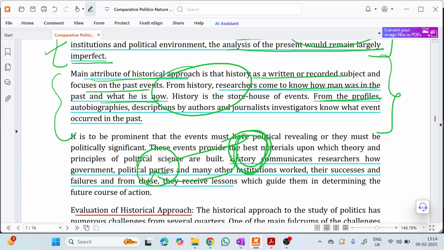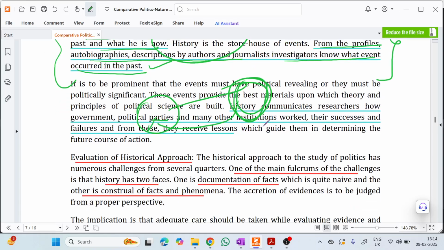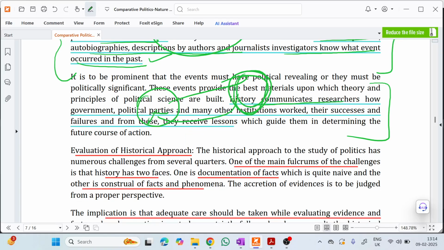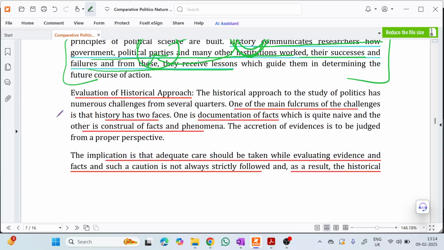From the profiles, autobiographies and descriptions by authors and journalists, investigators know what events occurred in the past and the significance they have in present societies. They also believe that history communicates to researchers how government, political parties, and many other institutions worked, their successes and failures, from the historical lessons.